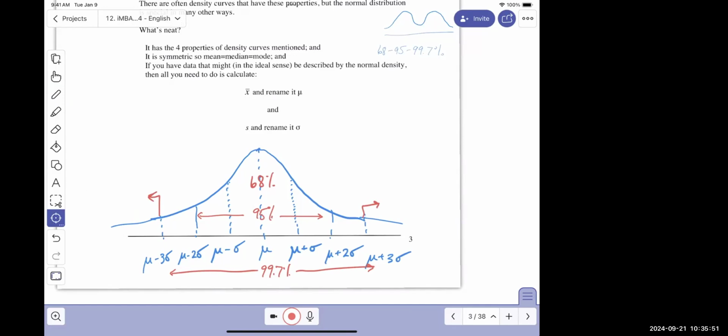Since it's 100, how much does it leave on each side? It's 0.3%, so it's half of that. So 0.15%, I can also write that as 0.0015.